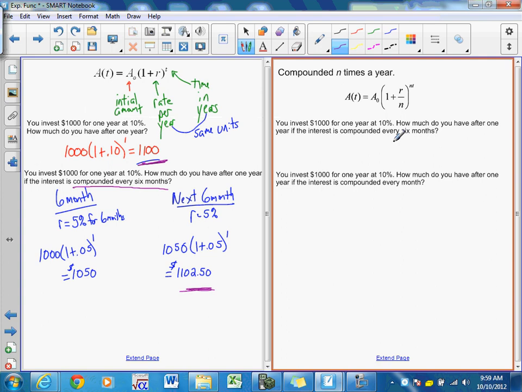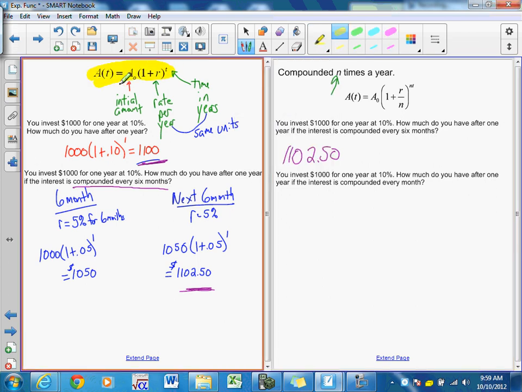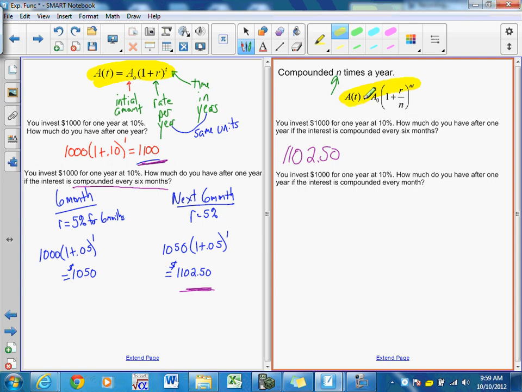So here was our last problem we did, and we had 1,050, right? Now, we're going to use a different formula. If we're compounding it n times a year, we now have this formula. Compared to the formula over here, you can see we've added in this n.